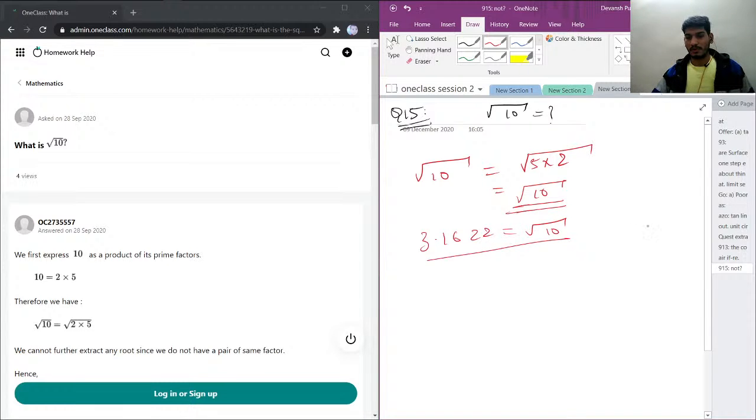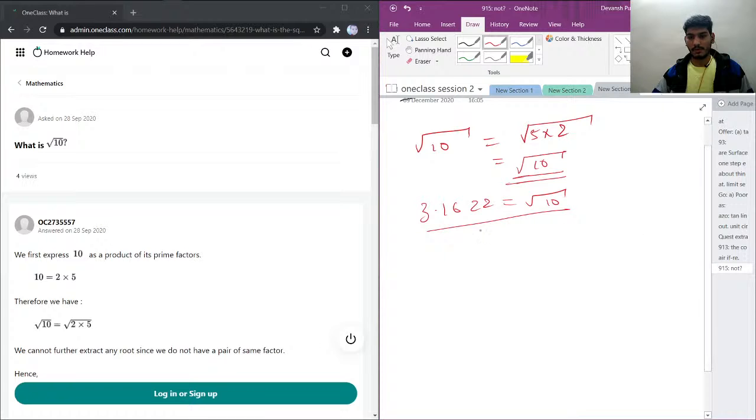Or if we do not have a calculator, square root of 10 lies between square root of 9 and square root of 16, so 3 and 4. I'm going to divide 10 by 3 and this will give me 3.33.